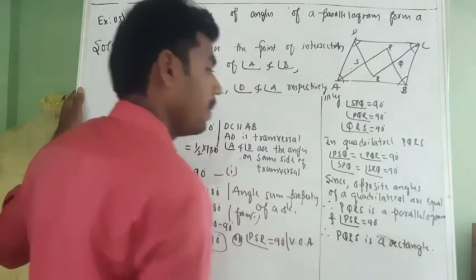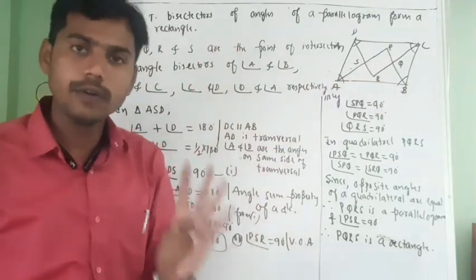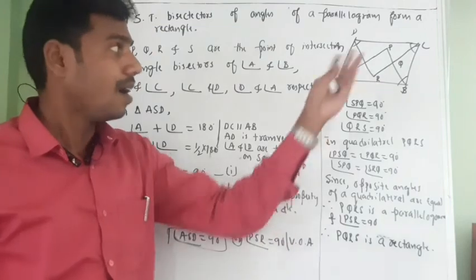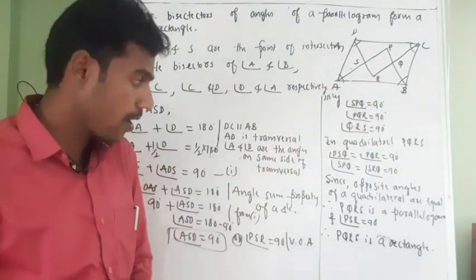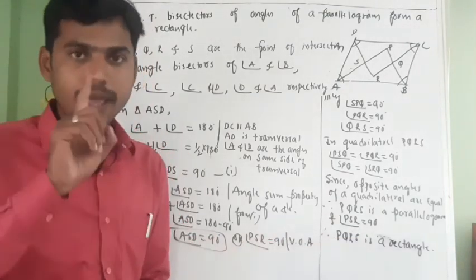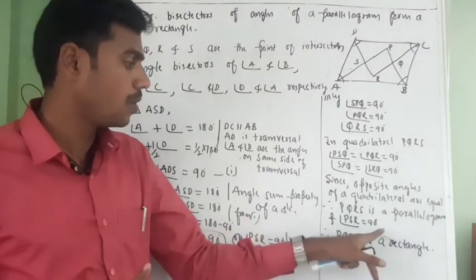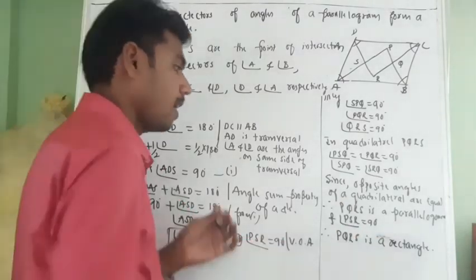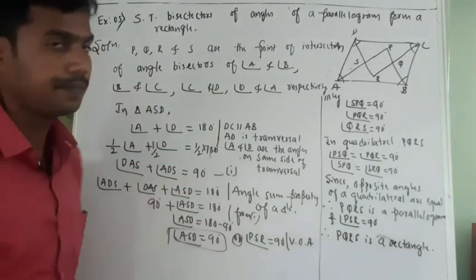For a parallelogram to be a rectangle, at least one of the angles must be 90 degrees. I showed angle PSR is equal to 90 degrees. That is the reason I have concluded PQRS is a rectangle. Please note this down.